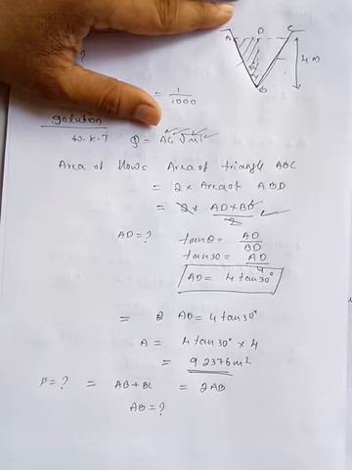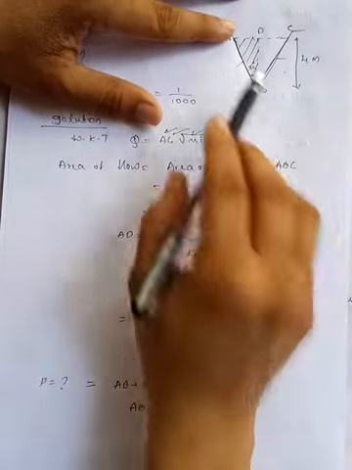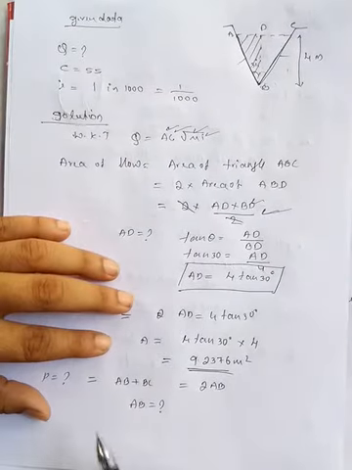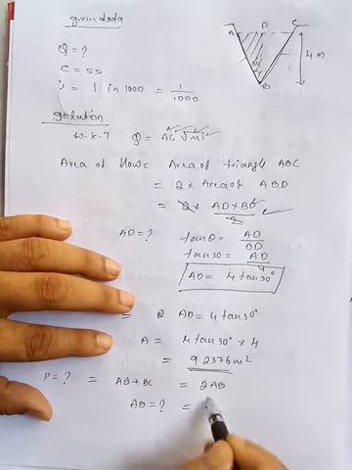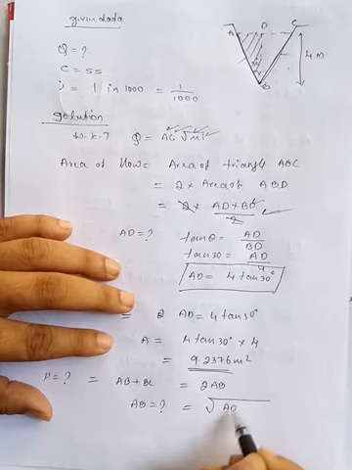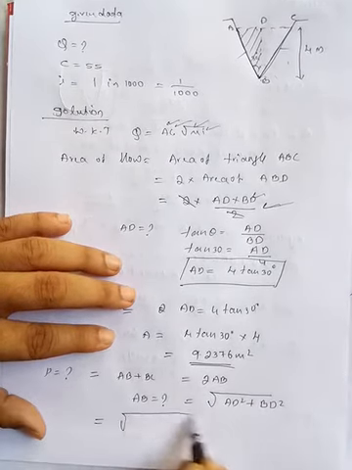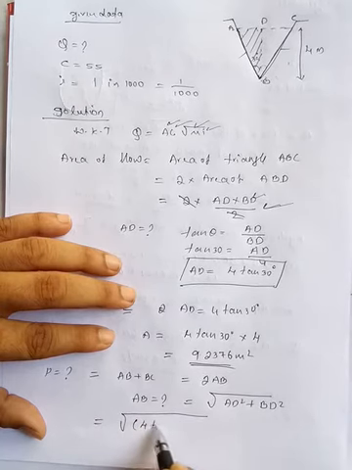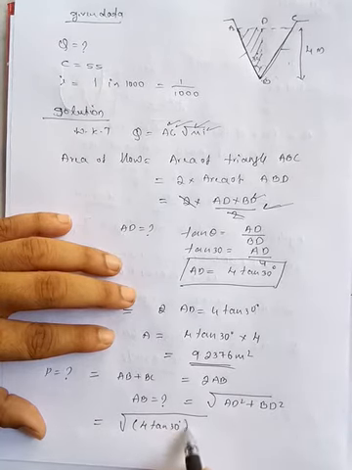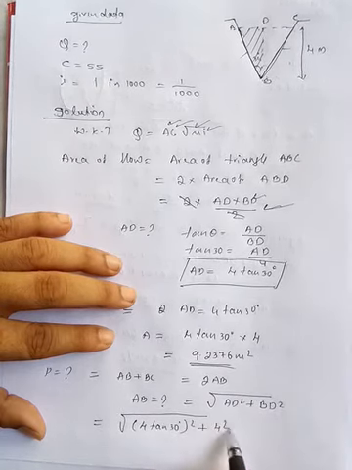You can apply the Pythagoras rule. Here is the right angle, so AB is equal to square root of AD square plus BD square. AD square is 4 into tan 30 square, plus BD square is 4 square.